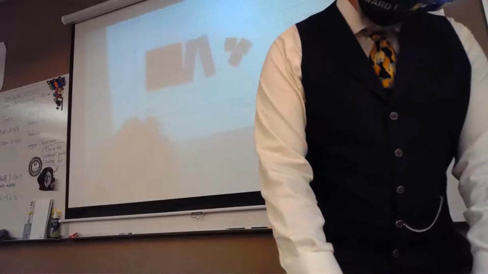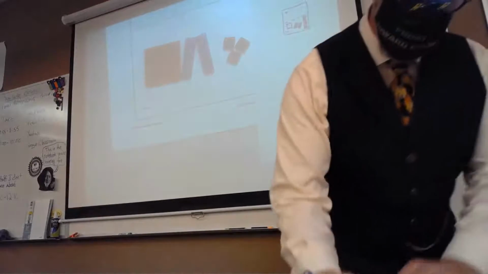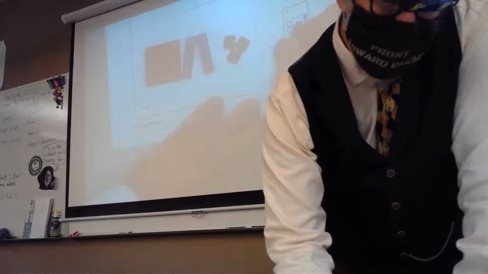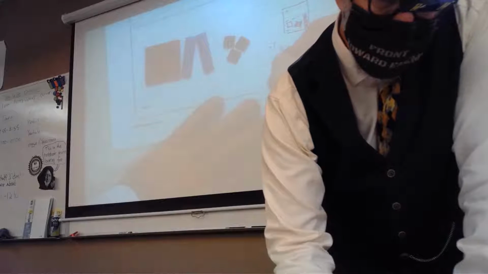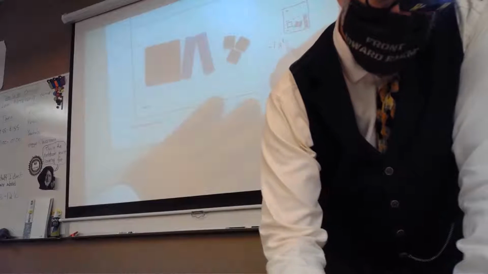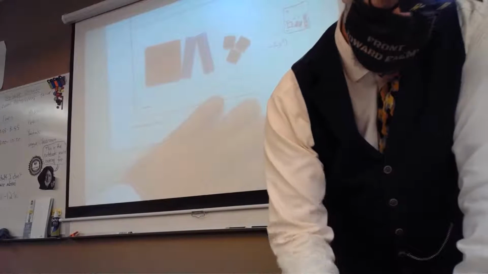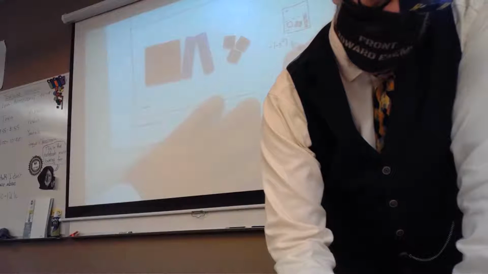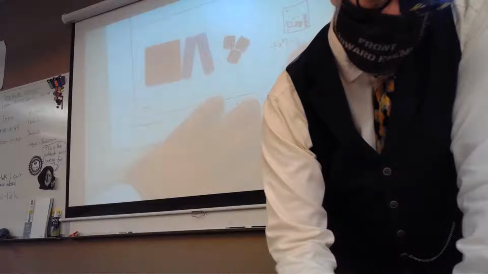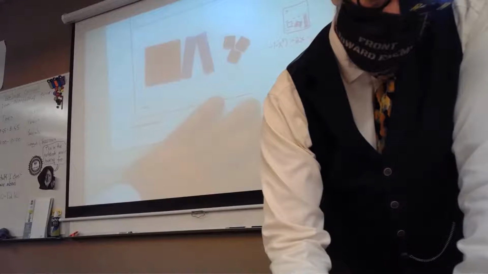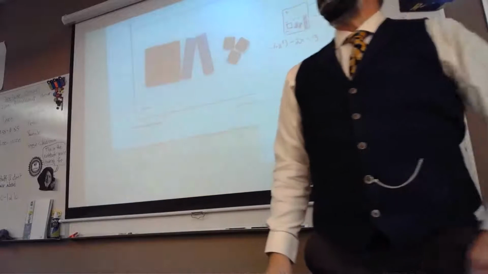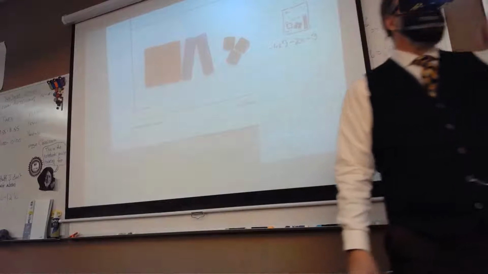All right, here we go. Mariel, tell us what you got. Negative, and then parentheses, x squared. Oh, negative x squared, sorry. Excellent. And then, minus 2x minus 3. Guys, are we cool with that? Rhea?